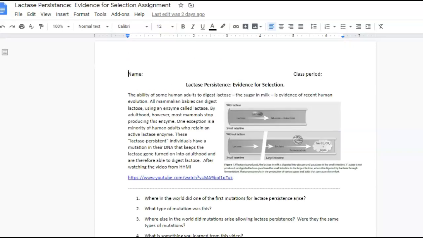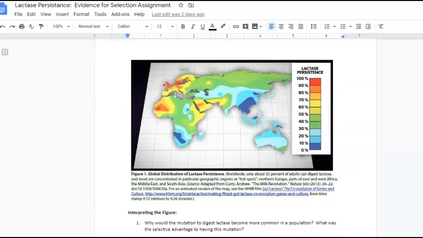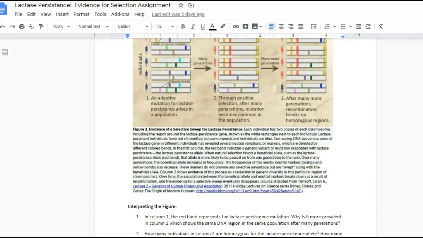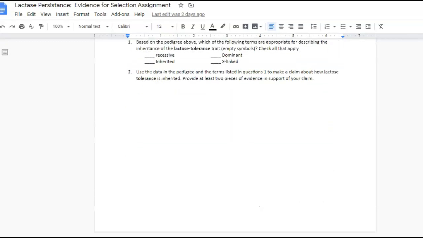Now, the purpose of this assignment is to, one, keep your motivation up. It's super interesting and it probably either affects you or you know somebody that it affects. Second, it's a great review of selection. And third, it really hits home some of these things you need to review for the AP exam, including diagram analysis, including data analysis, including pedigree review.